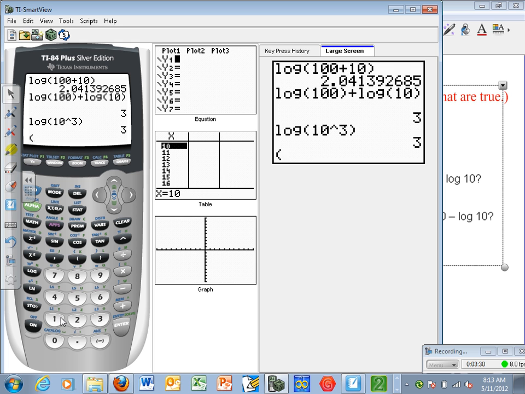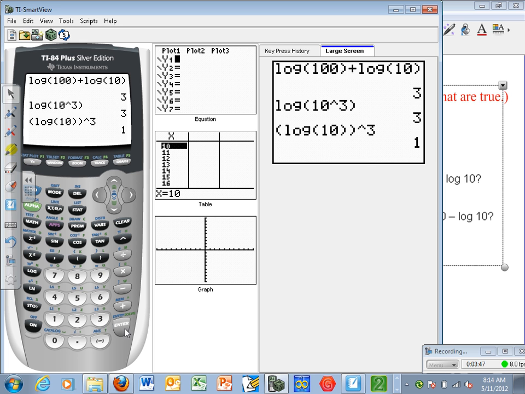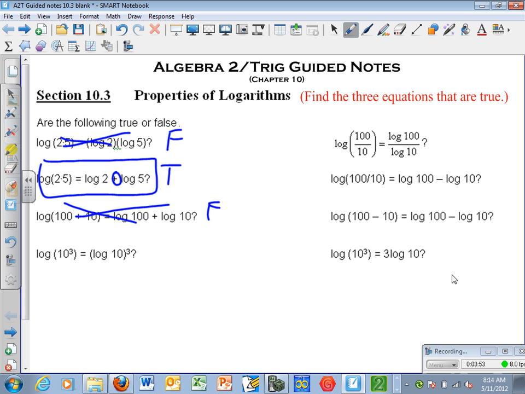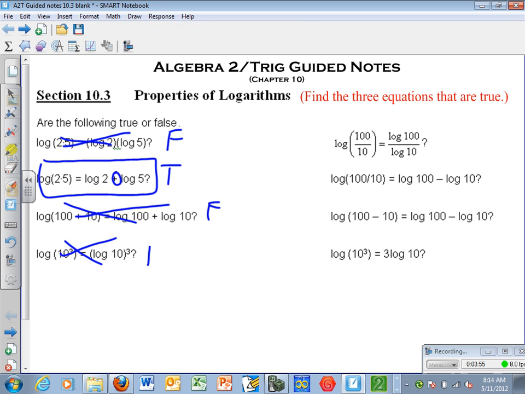Now, when I do that, I'd have to do the log inside parentheses of 10, and then another parenthesis to enclose the log of 10, and then to the third power, and that's 1. So we can see that's not equal. We got 3 for the one, and 1 for the one on the right here, so that's false.